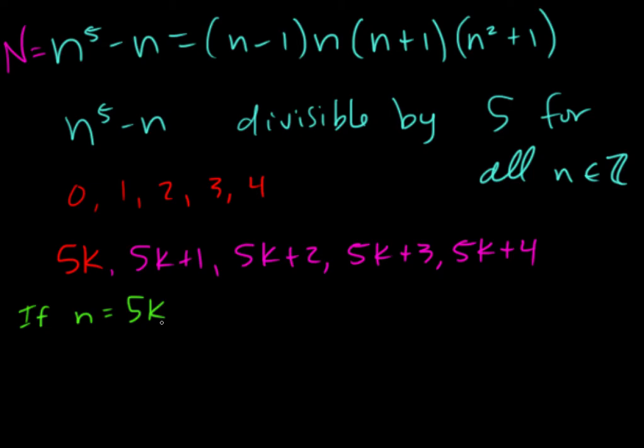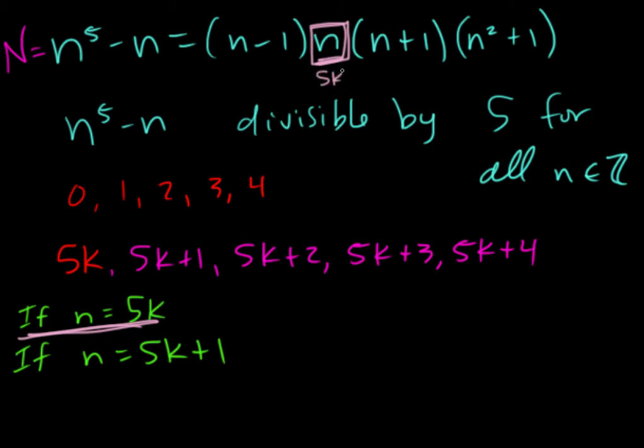If n is 5k, then this entire thing is being multiplied by 5, so it's definitely divisible by 5. And that's what we're saying right here.